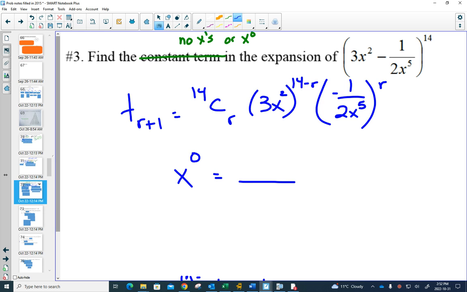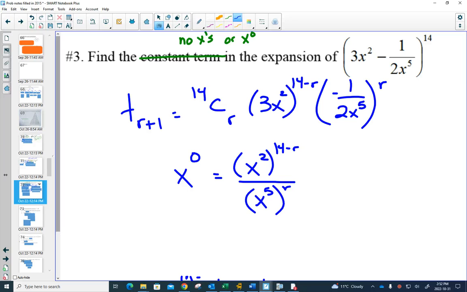Does it make sense that whatever r is, this x squared to that exponent is going to all have x's in my numerator? And this x to the 5 to the exponent of r is going to have my x's in my denominator. And notice I ignored the 2. I also ignored the 3, because those are numbers in front, and that wasn't part of the hint. The only thing they gave us as a hint is that we need an x to the 0.